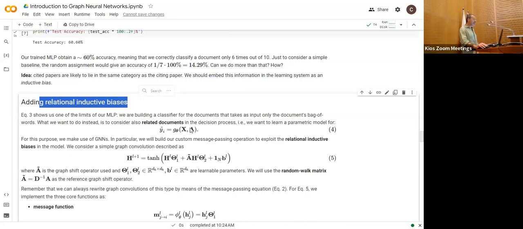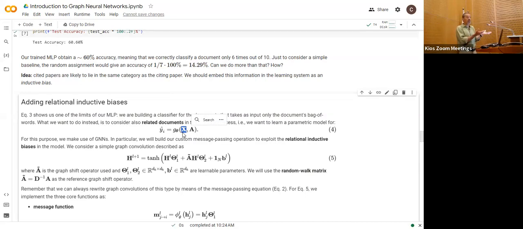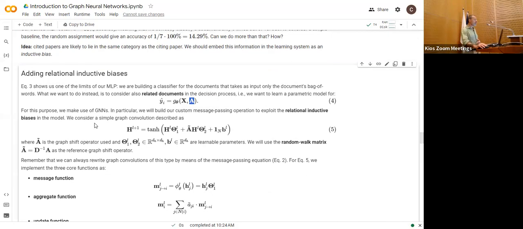And the functional dependency means that we are not only happy to consider and process the input data, the X, because that is what we were doing before, but we have also the topology, which goes through the adjacency matrix. And then we know that from the adjacency matrix, we will move into the graph shift operator because it's more suitable, and so on, through the Laplacian, diffusion models, and so on.